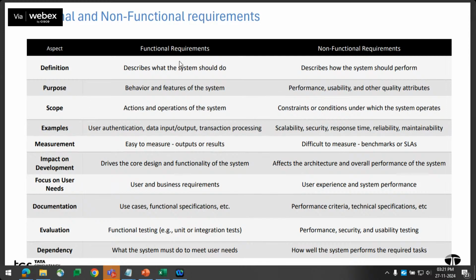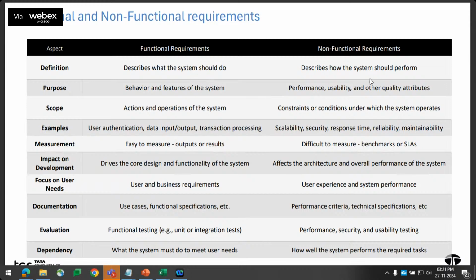So these are some of the differences I have highlighted for the functional and non-functional requirements. The functional basically says what the system should do. These are all the functions of the application.